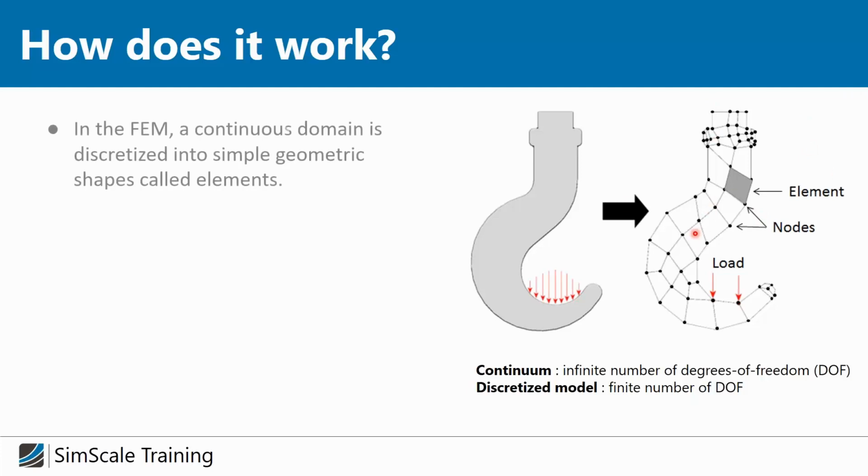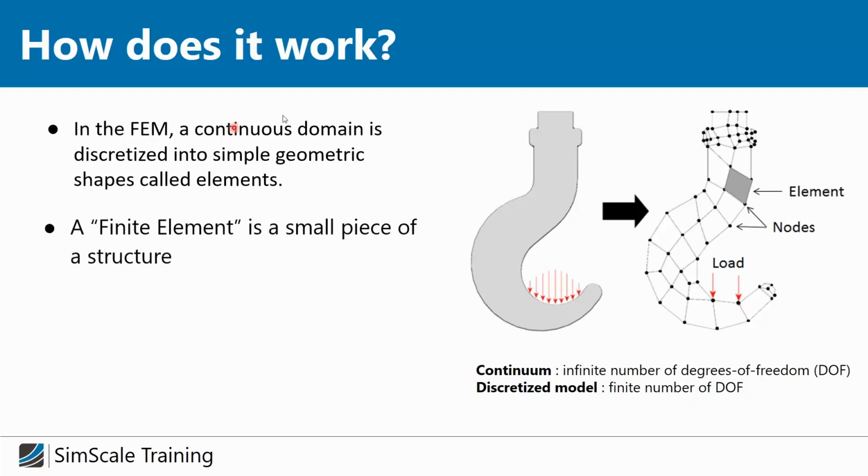And this allows us to replace our complex problem with a system of, let's say, simple elements. And these elements here, you can see one is here, one is here. They are called finite elements, and you can imagine this as a small piece of structure.